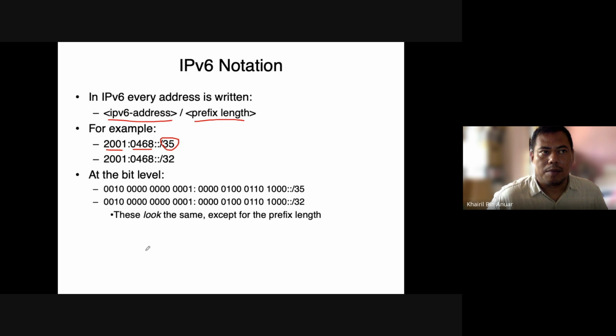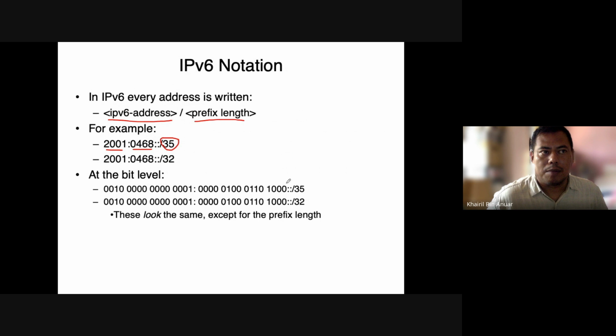So what does it represent? Say that these are the number of bits: 1, 2, 3, up to 32.